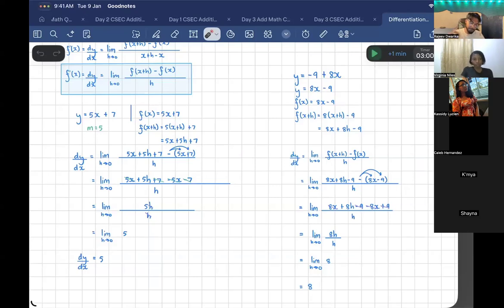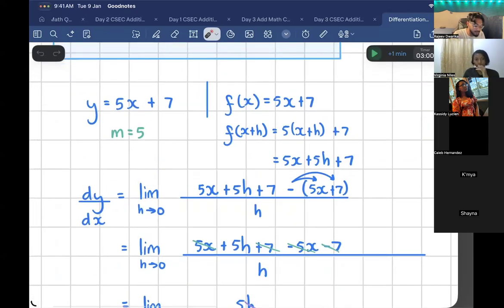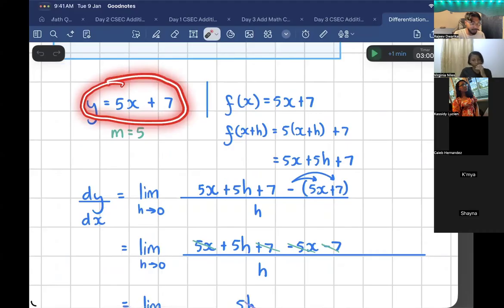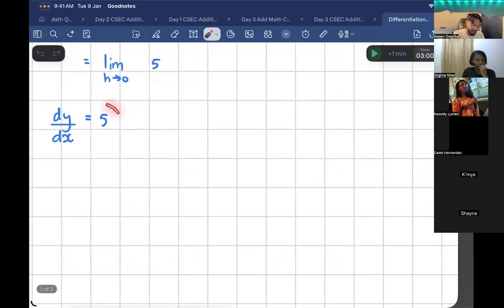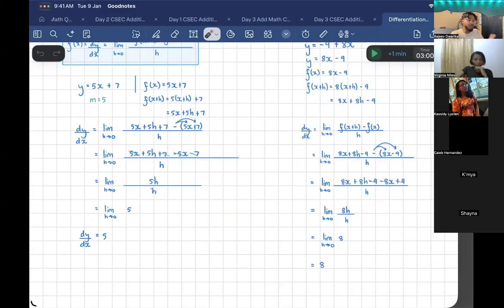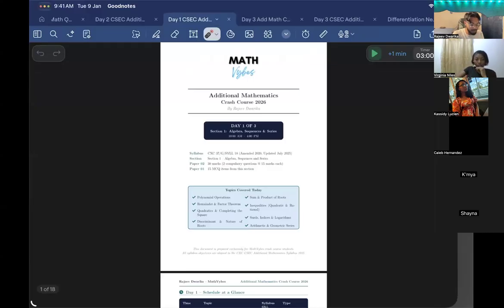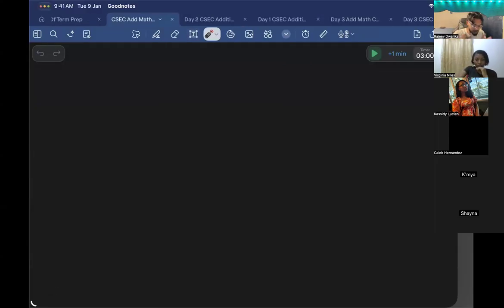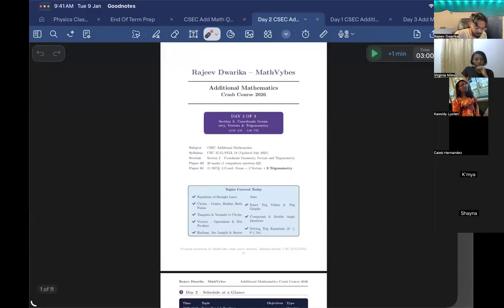In the last class, you had y is equal to 5x plus 7. When I differentiated that using the long method, I got 5. Now in the exam, you're just going to use it. Let me show you what I mean.